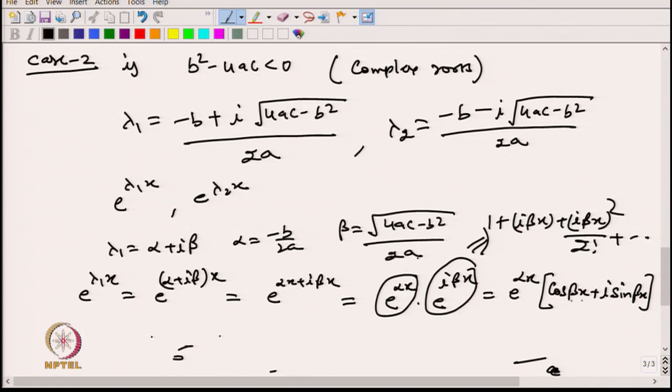So, this reduces to cos beta x plus I sin beta x.